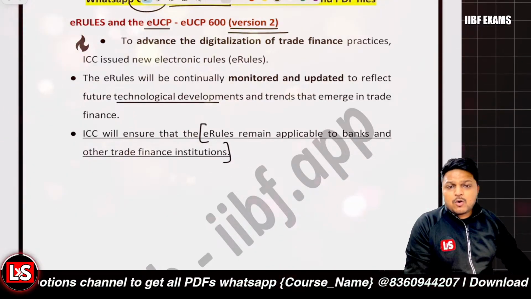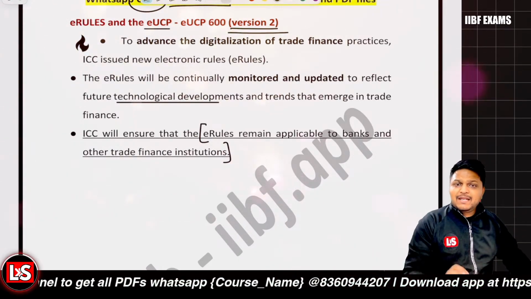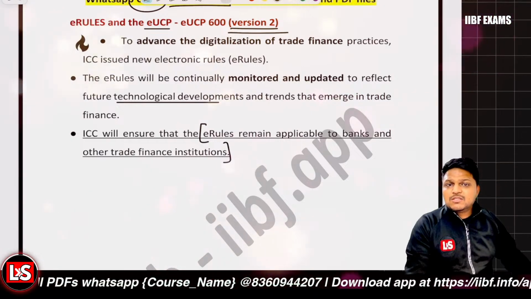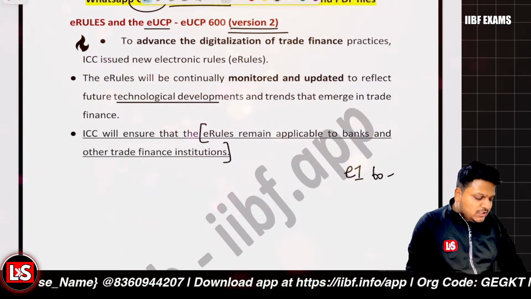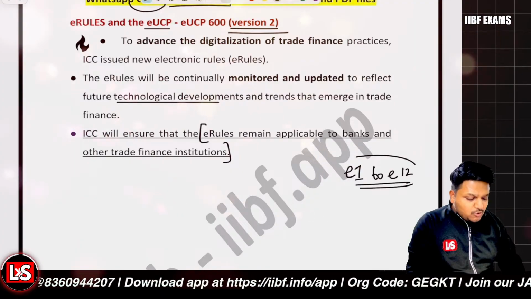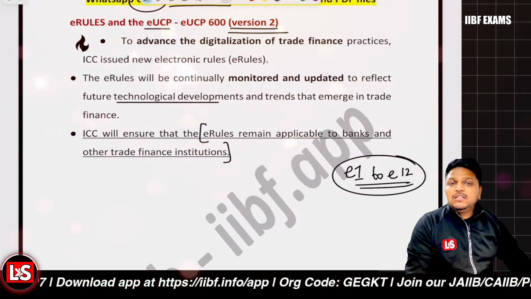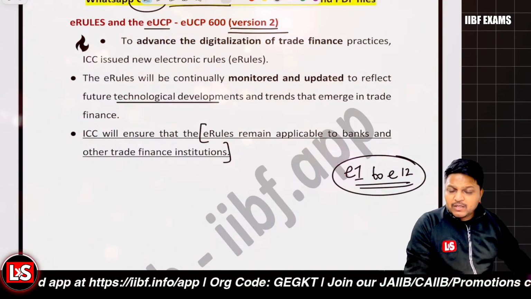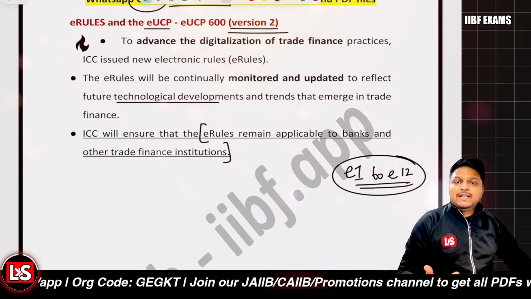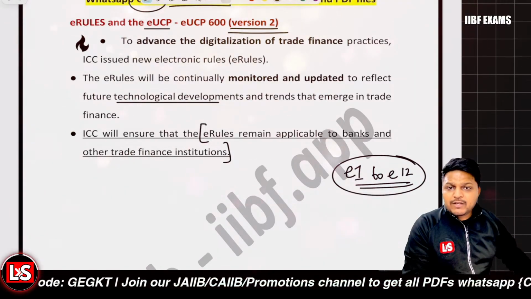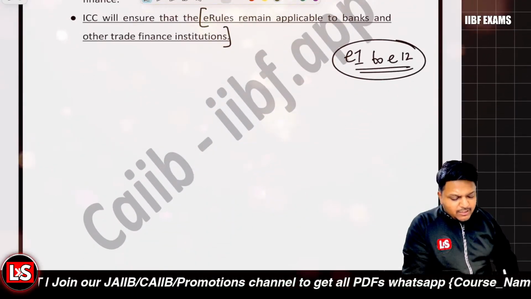If we talk about the E rules particularly, we have the key provisions ranging from E1 to E12. These are the different rules under the EUCP 2.0. Under E1, the scope is given; under E2, the definitions are given, such as electronic record. Now, what do you mean by electronic record?